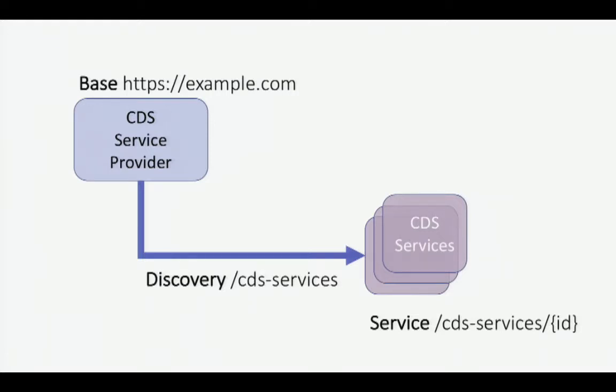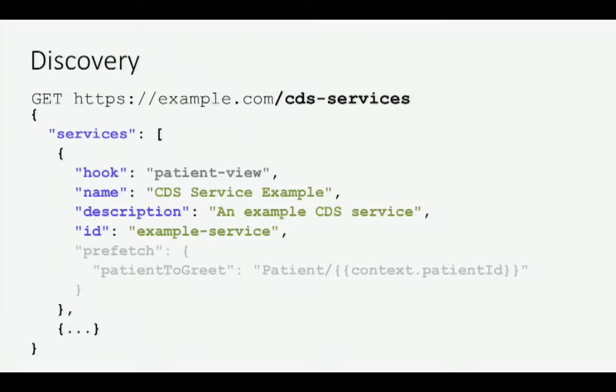So what this means is that with the discovery endpoint and with CDS Hooks, with just a base URL, you know all the CDS services that exist off of that base URL and how to call each one of them, what hook they're interested in, and so forth. So for instance, if I call the discovery endpoint off of our base URL of example.com, I get back a JSON document that has a list of the CDS services that exist within there.